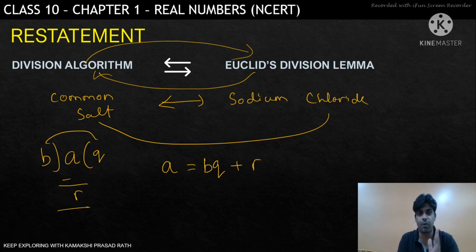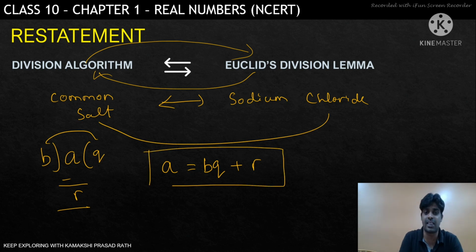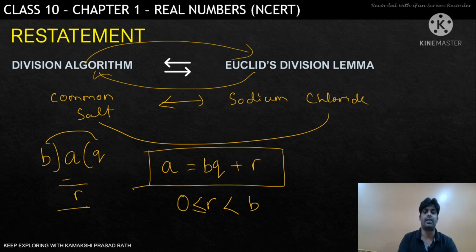Same thing, dividend equals divisor into quotient plus remainder. This one everybody knows since childhood, so there is nothing difficult in understanding it. And the condition for remainder is that the remainder has to be always less than the divisor and greater than or equal to 0. The remainder will be 0 or more than 0 but less than the divisor. So you have to remember these things carefully whenever you are solving any problems related to Euclid's division lemma.